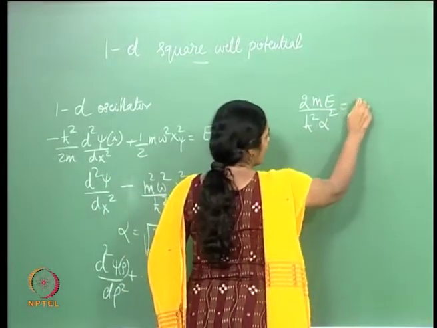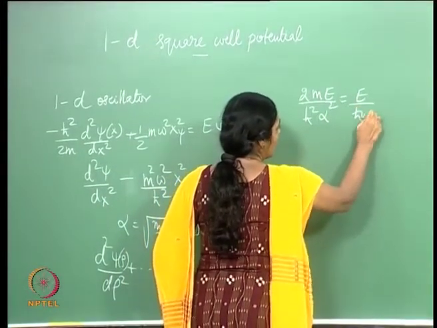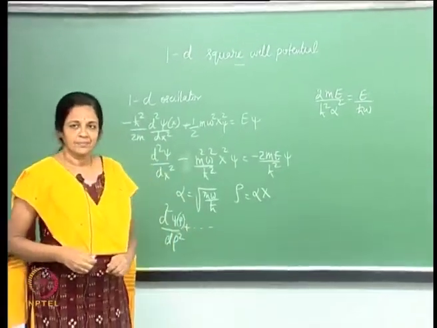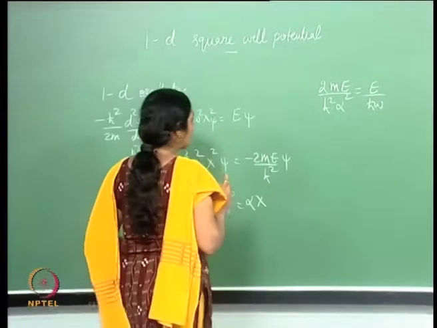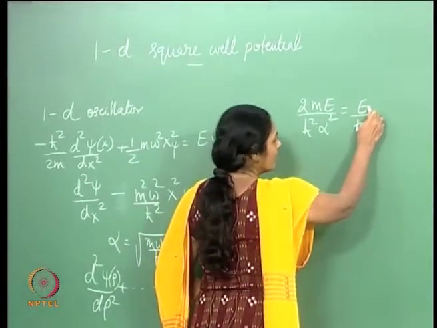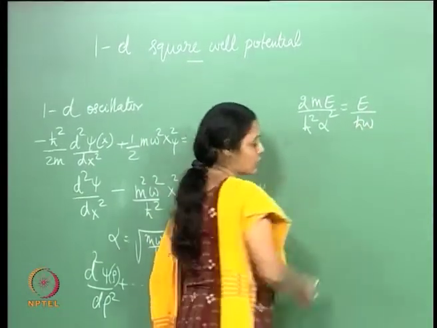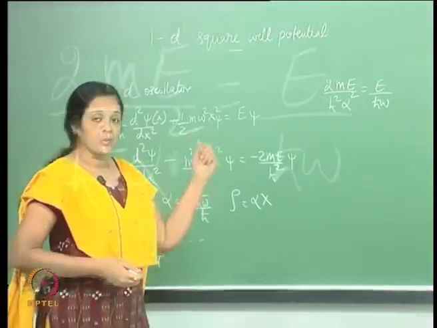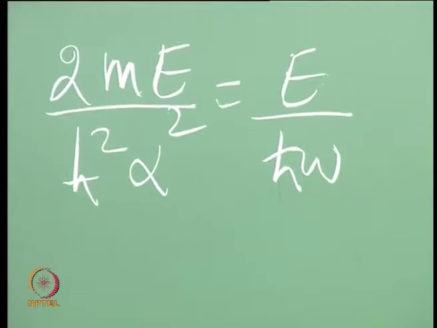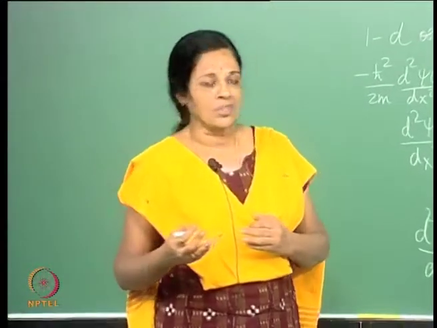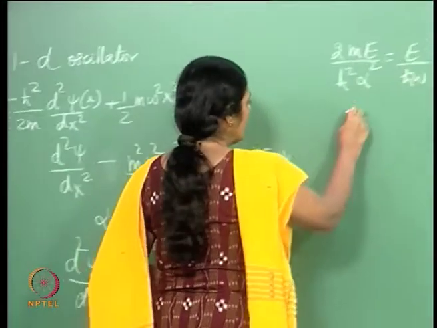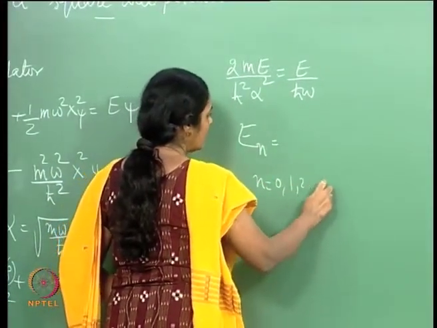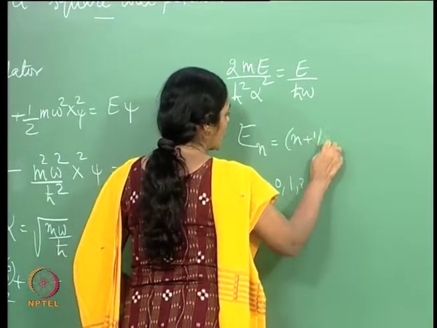Now this can be written as E by h cross omega, and therefore that's a dimensionless variable. In other words, what we are doing is the following. E will be written in terms of h cross omega, 1 h cross omega, 2 h cross omega, and in this problem n plus half h cross omega once E is quantized. So we got E sub n, where n takes values 0, 1, 2, etc., is n plus half h cross omega.